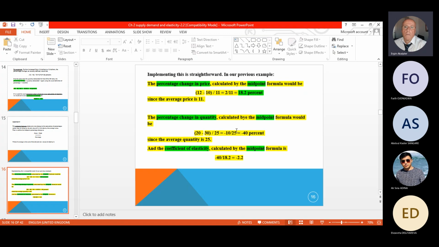Now we are going to put these two together, which is 18.2 and minus 40. Then delta Q over delta P will give you the midpoint elasticity. Then this will give you minus 2.2, which is again above 1.